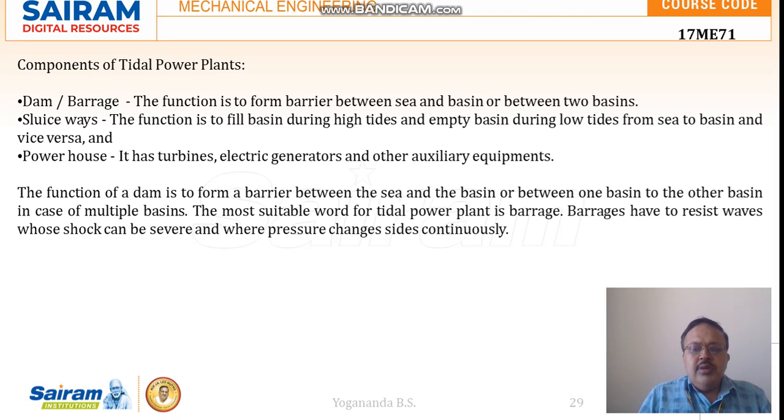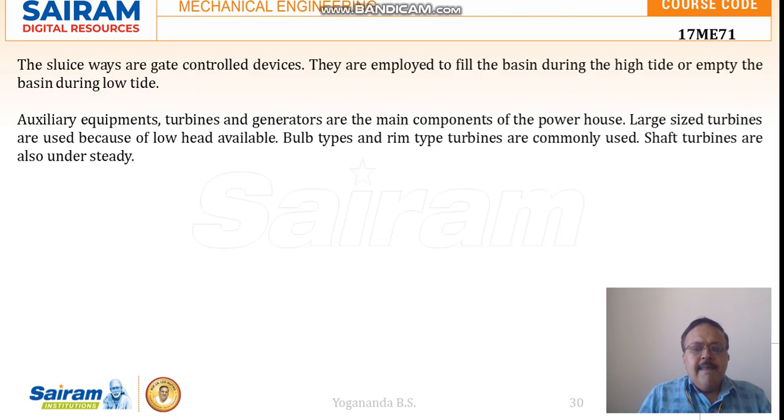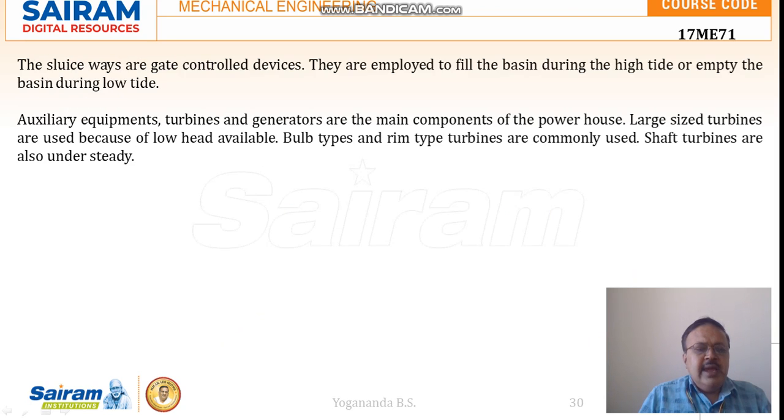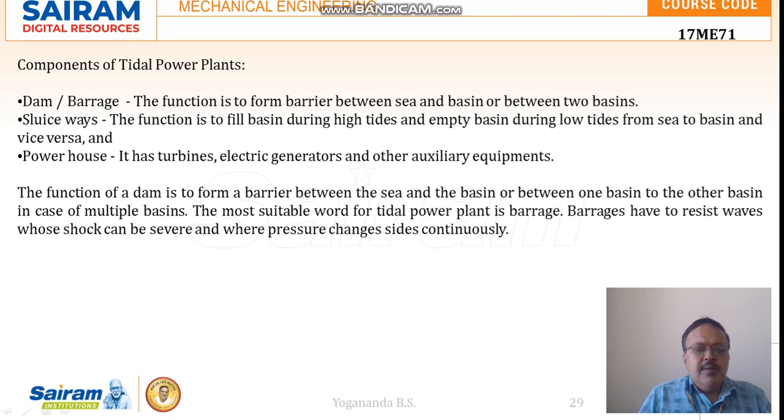The basin is emptied during the low tides. When the level of water is low in the sea, the excess water stored in the basin is allowed to go back to the sea by opening the sluice gate.